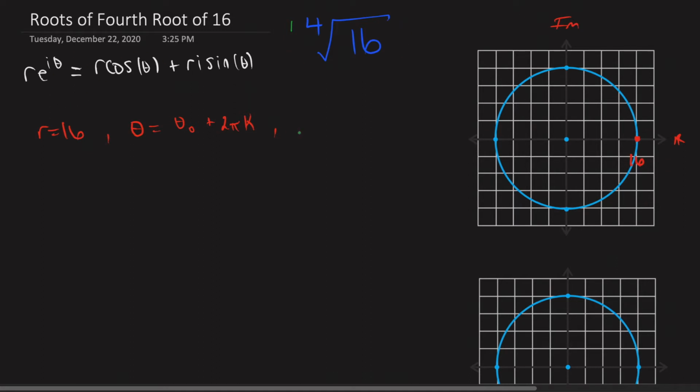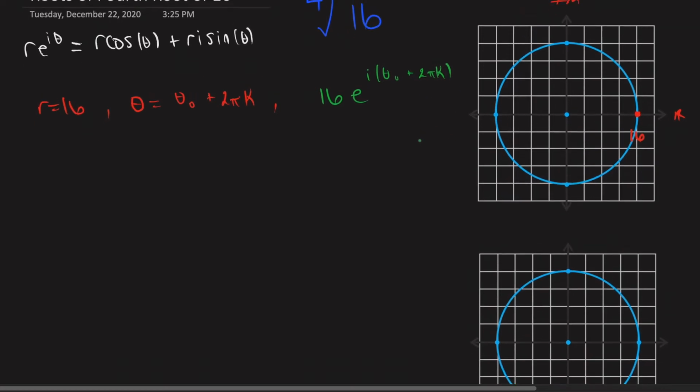We can now say that 16 e to the i theta naught plus 2 pi k. So now we can relate this expression back to this because this is the same. Our theta naught can be 0 to pi, it doesn't really matter, we're always going to get back to this point, because if we expand this out, the imaginary part is 0.